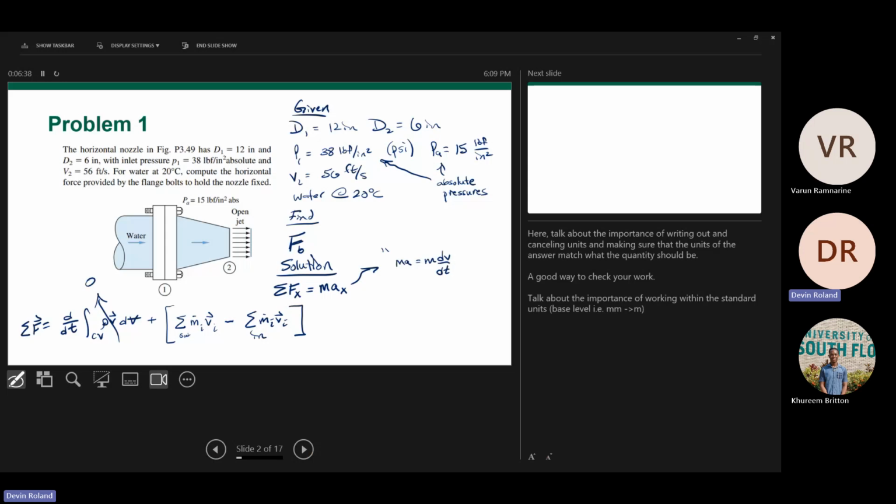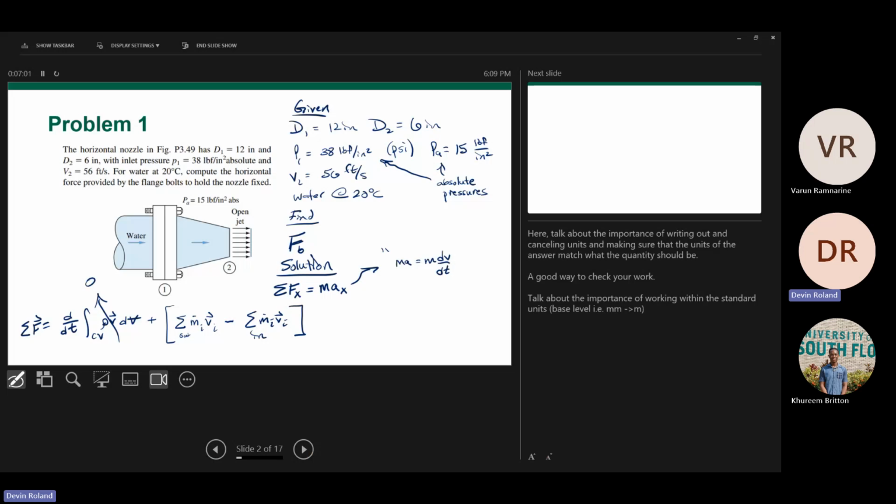The original equation used was the Reynolds transport equation that he derived in class. What you're going to end up with is the sum of forces is m dot times delta v. I'm showing an alternate way to remember that, but this is not technically the derivation of it.